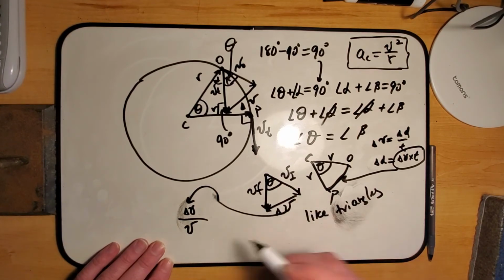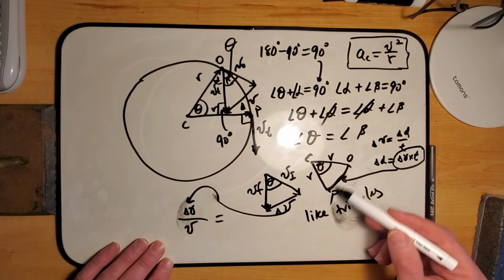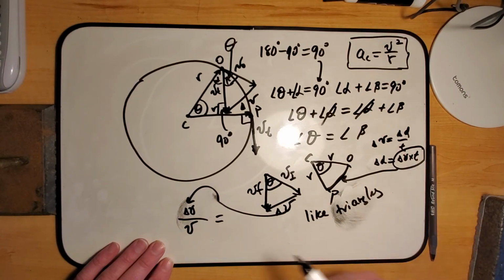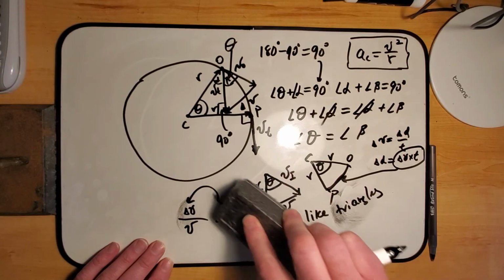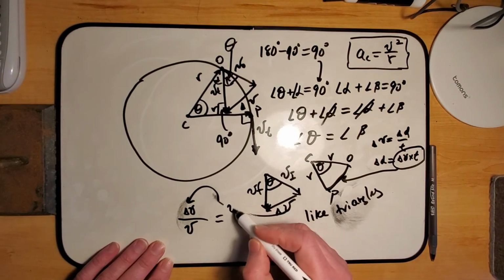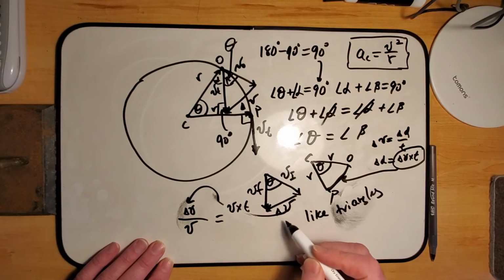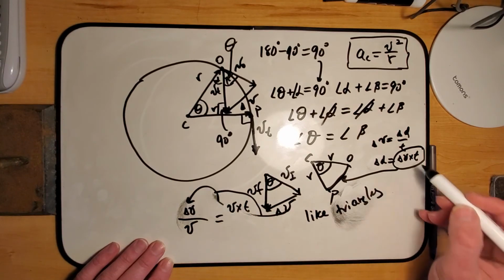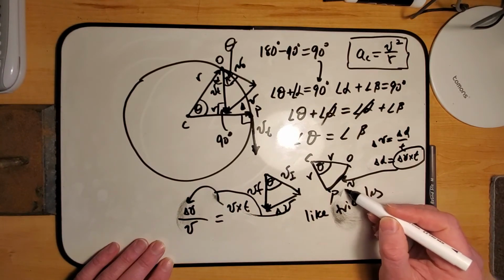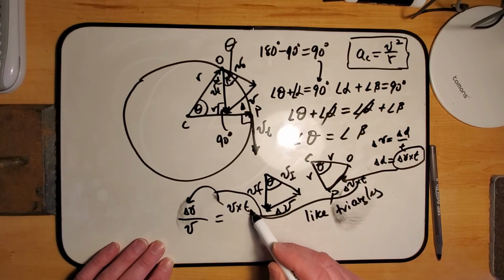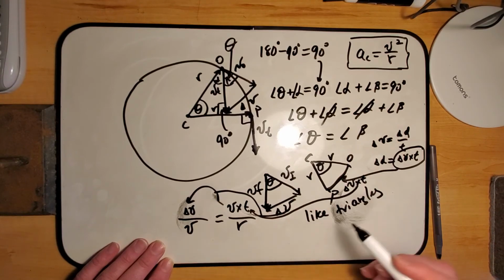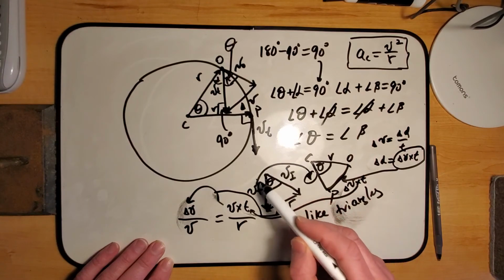And in this triangle, it will be related to the same side of the triangle here, which we just stated was v times t here, v times t, and again, this is my v. You can use delta v times delta t. At this particular point, it doesn't really matter much. So I just use it right here divided by the r, because now this is related to this.